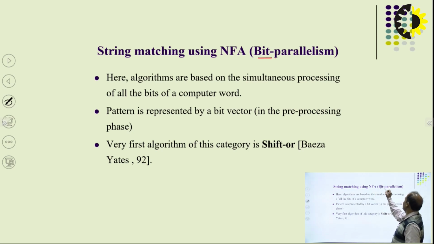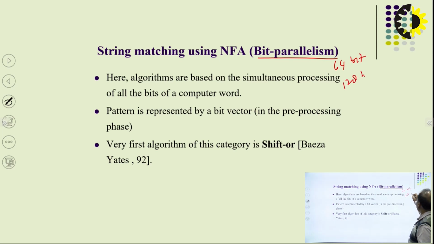directly bit parallelism, which is very popular nowadays, because most of the computers we have are 64-bit computers now, right? And we have 128-bit computers. Our computer word size is increasing day by day, and this kind of algorithm has the tendency to process up to a 64-length pattern at the same time. This is very good. And if your computer is increasing even up to 128, a 128-length pattern can be processed at the same time.